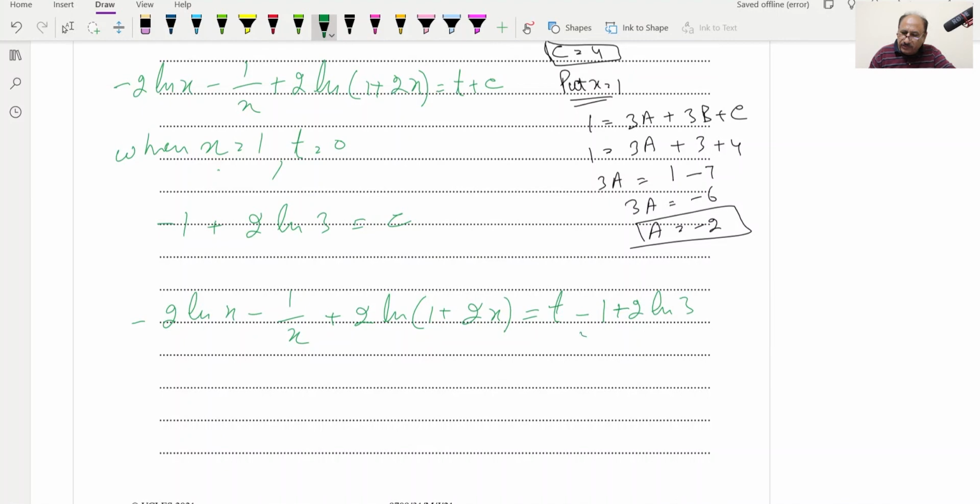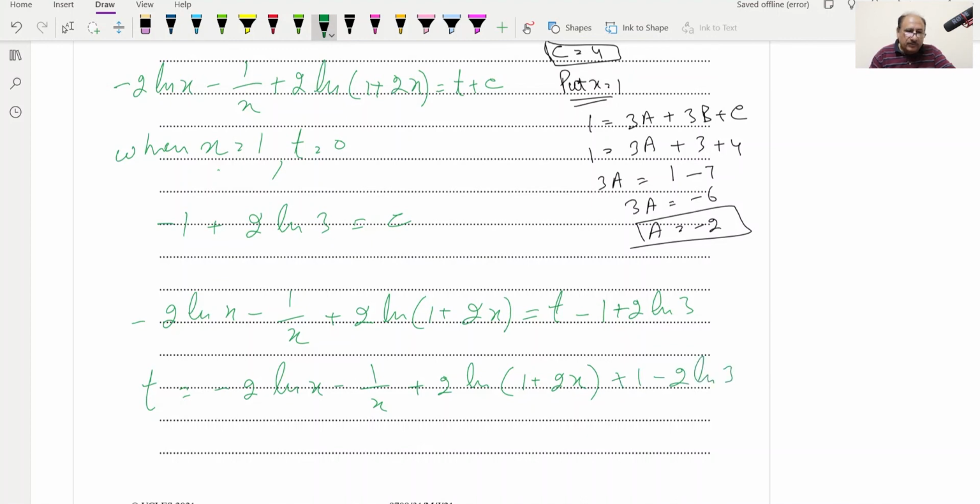Now we can shift this portion to the other side, so our t will be equal to -2 log x minus 1 over x, and plus 2 log of 1 plus 2x, and this will be plus 1 minus 2 log of 3.